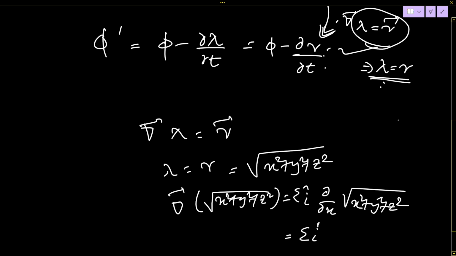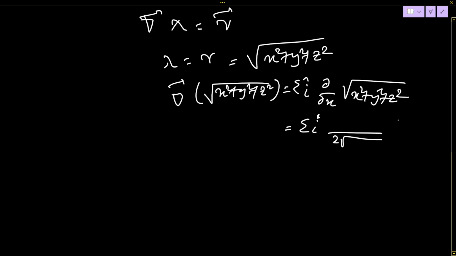Summation i cap should be 1 by 2 root over of x square plus y square plus z square into what? 2x, 2 to cancel, like that for y cap also and j cap also, sorry, k cap also.